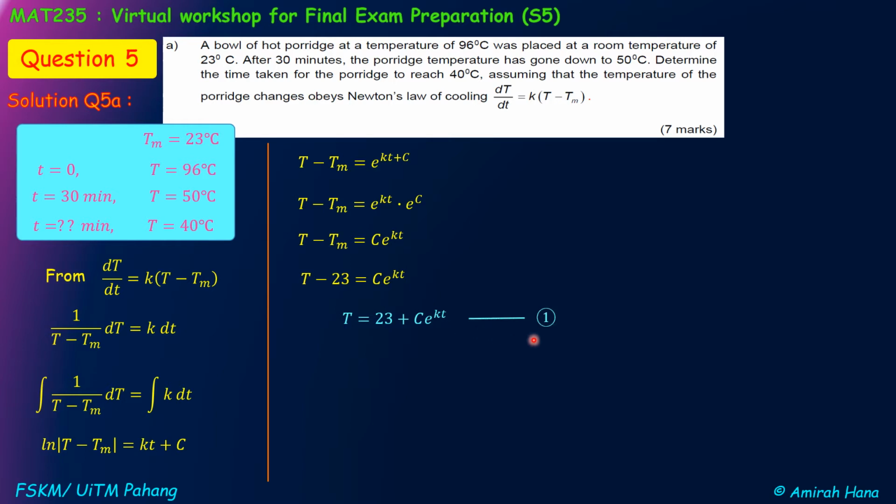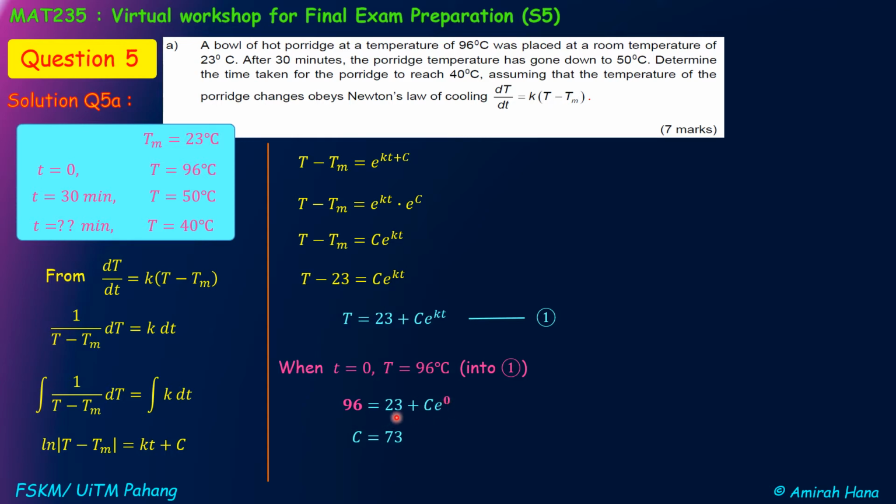We name this equation 1. From here, we use the information that when t equals 0, temperature equals 96 degrees Celsius, and substitute into equation 1. So 96 equals 23 plus C e to the power of 0 times k, equals 0. Then C equals 73 because e to the power of 0 equals 1.